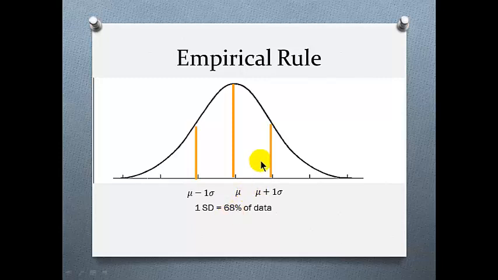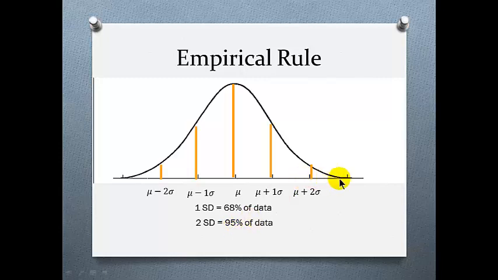In fact, if we extend that out and we go out 2 standard deviations, mu plus 2 sigma, and backwards 2, mu minus 2 sigmas, from this point all the way across to this point, you're going to actually end up with 95% of your data values. Basically, 19 out of every 20 people, objects, products, responses are going to fall within 2 standard deviations of the mean.